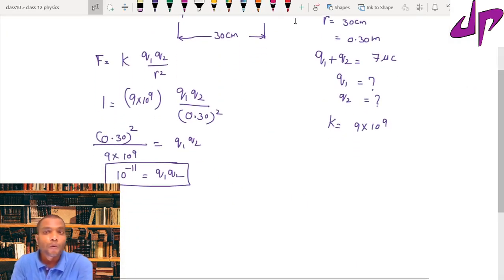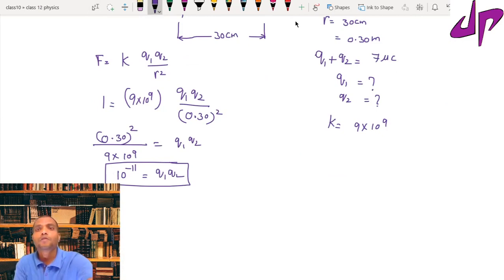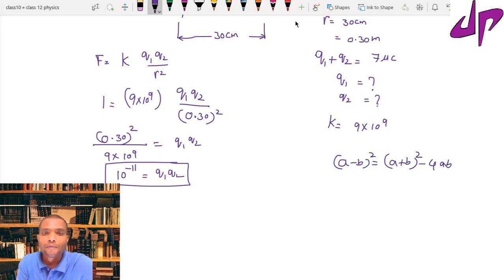So I got the product of Q1 and Q2, and I have one more value, Q1 plus Q2. By using these two values, we will solve it further. If you remember the formula A minus B whole square equal to A plus B whole square minus 4AB, I will use it here.